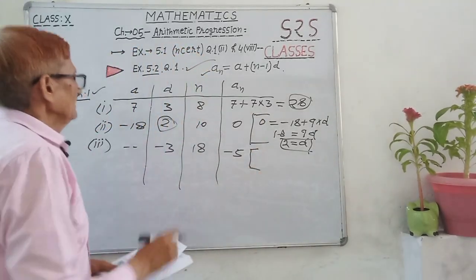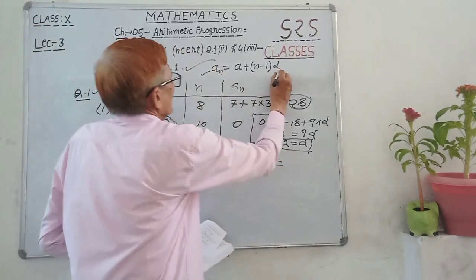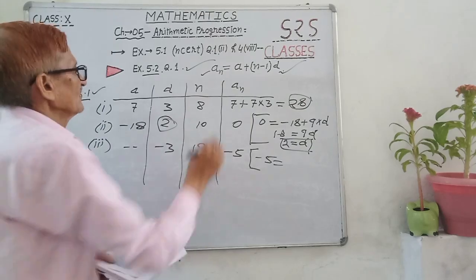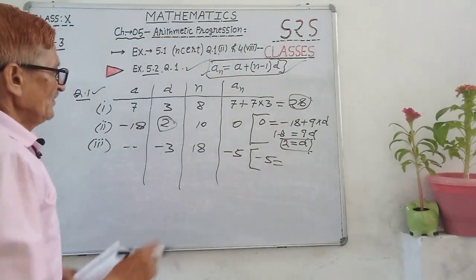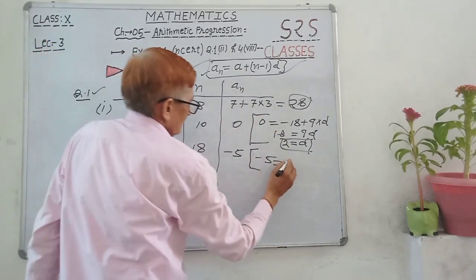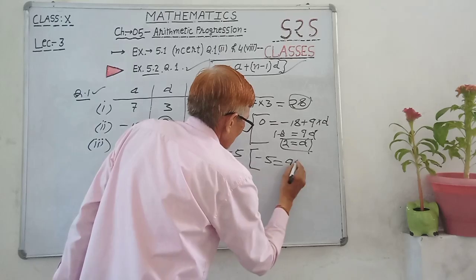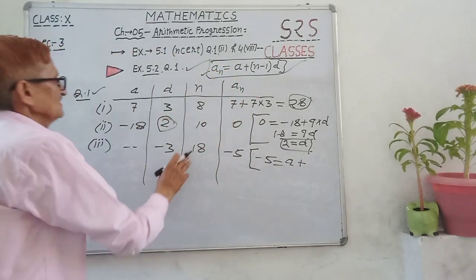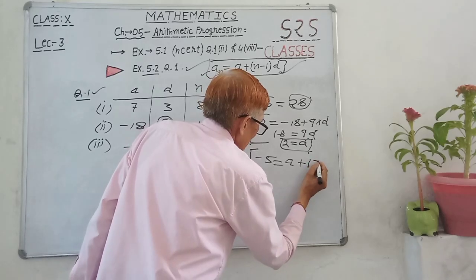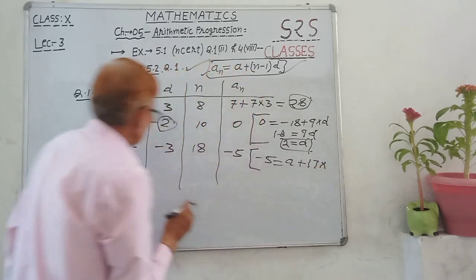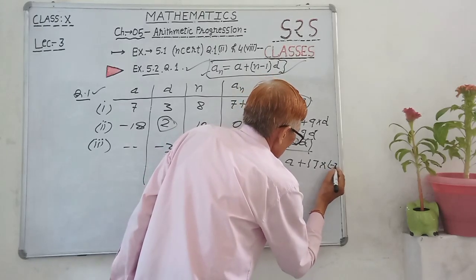A_n is minus 5, so minus 5 equals, use this formula, okay? A_n, minus 5, equals A plus (N minus 1) into D. A is not given, we have to find it. N is 18, 18 minus 1 is 17, into D, D is minus 3, into minus 3.